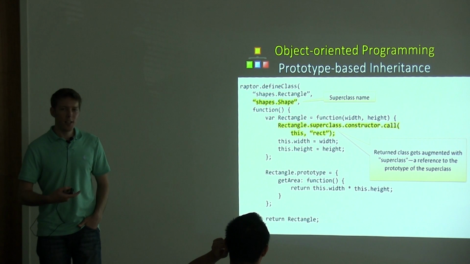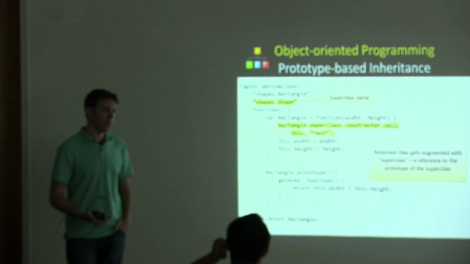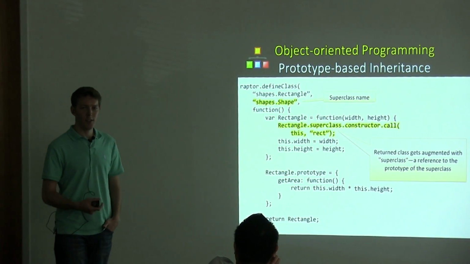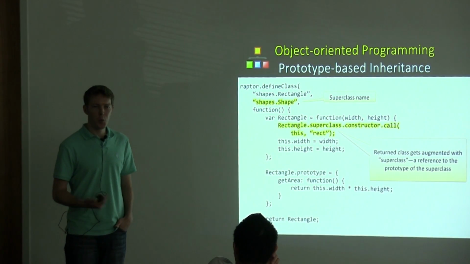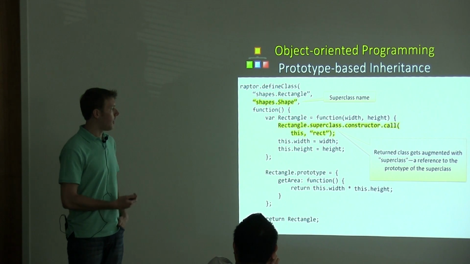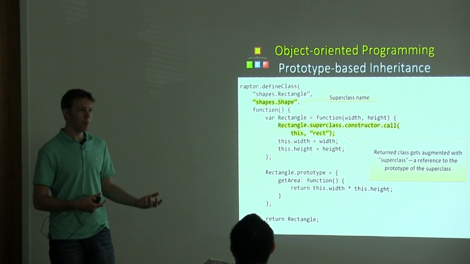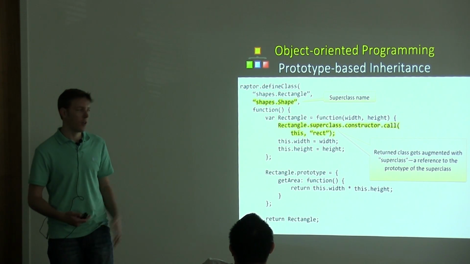This is an example of how you do prototype-based inheritance. It's basically the same thing as before. The only difference is that there's a second parameter, the superclass name. The framework will automatically set up the prototype inheritance so that the class prototype inherits from the superclass's prototype.